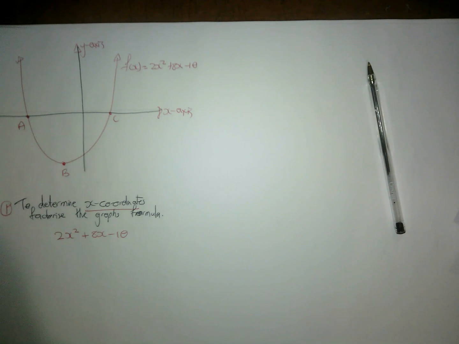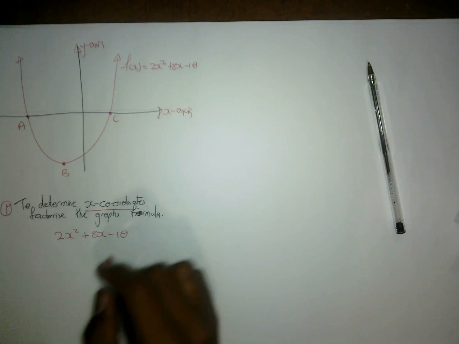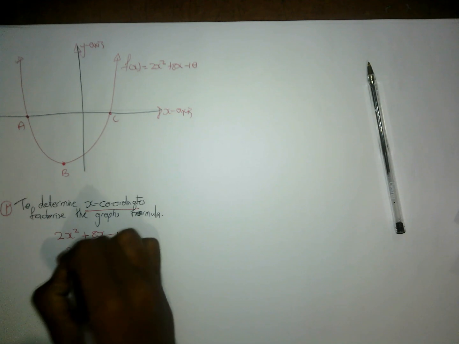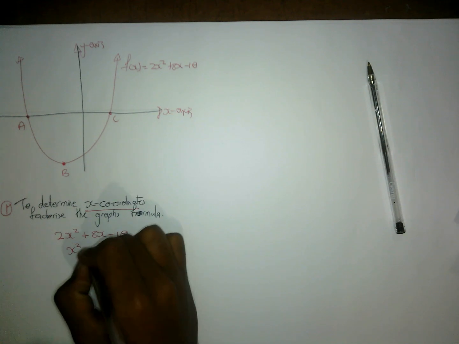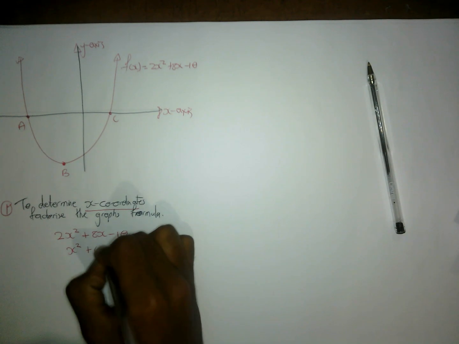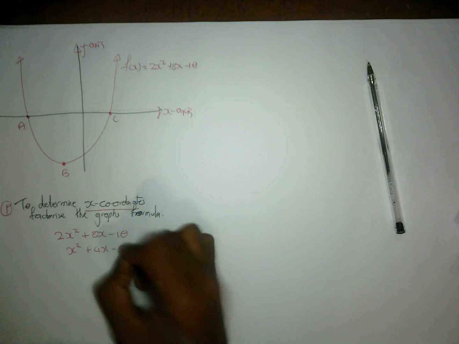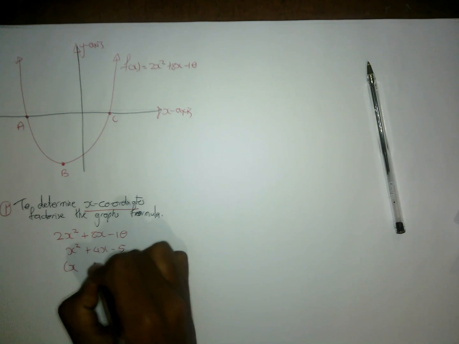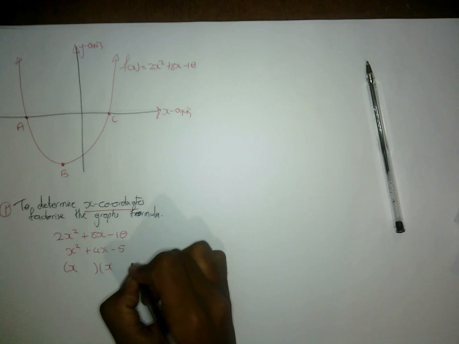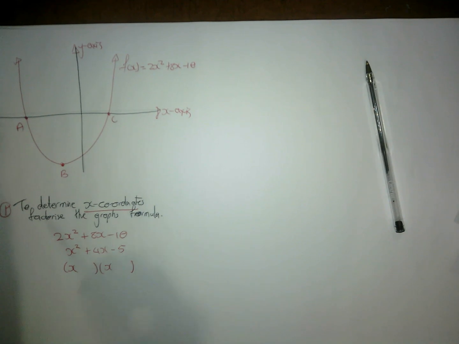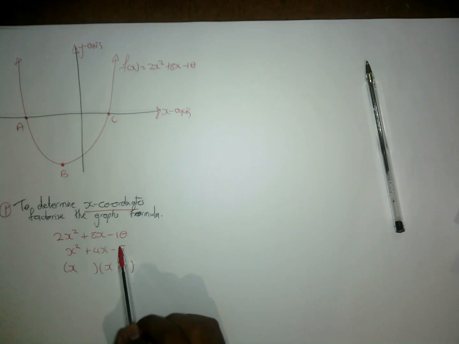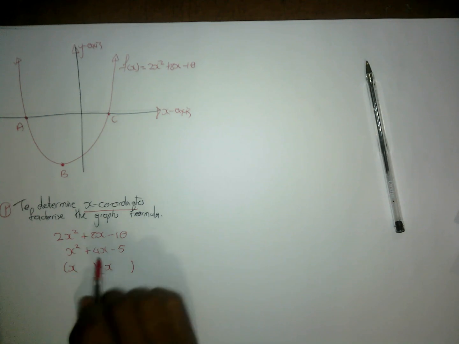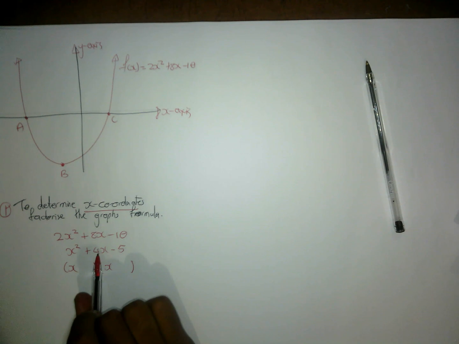Or you can factorize by first dividing everything by 2, then you're going to get x squared plus 4x minus 5. Then we're going to have x and x. The two numbers we have, we must multiply to get 5, and when we add those numbers, we must get 4.